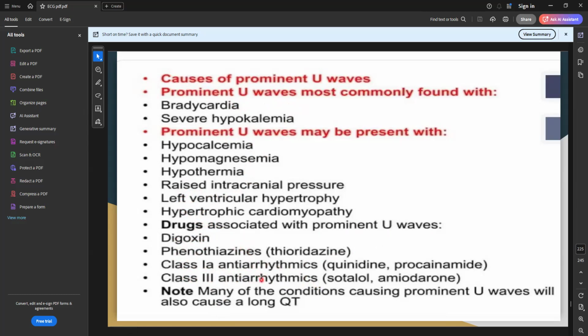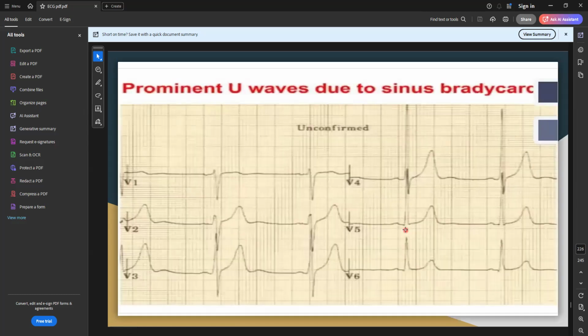In these patients, you may find prominent U waves. Here you can see the prominent U waves. This is the prominent U wave, here in lead V3 and V4. This is the T wave, and a prominent U wave in sinus bradycardia.